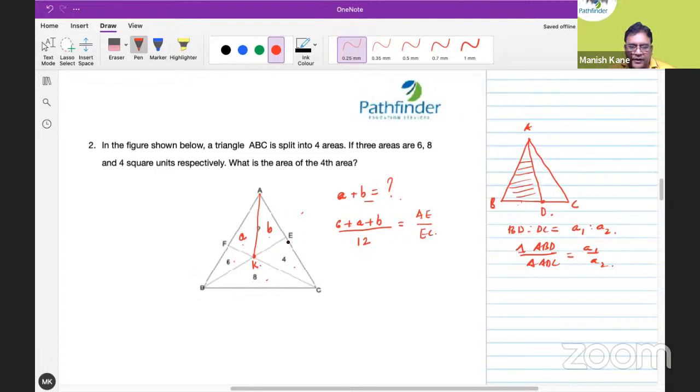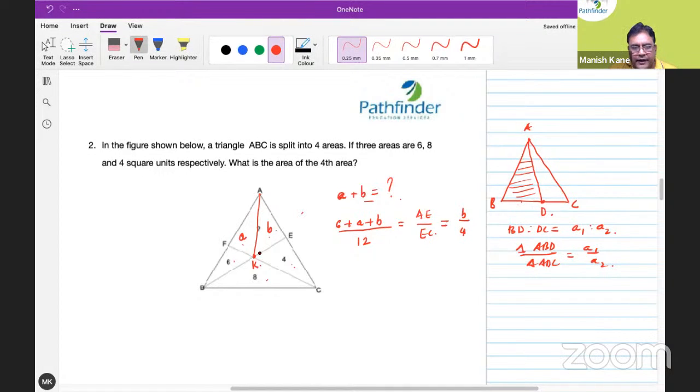The same thing applies. BE is the straight line, and the ratio in which triangles BEA and BEC will have areas will be the same as the length of AE as to EC. Similarly, we also have B upon 4.